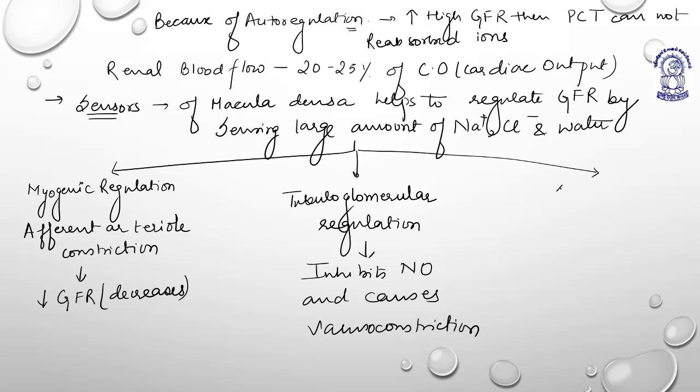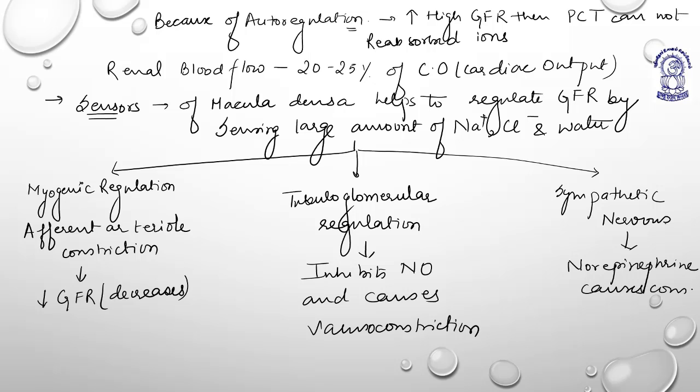Then the sympathetic nervous system secretes norepinephrine, which causes constriction, which further decreases the GFR.